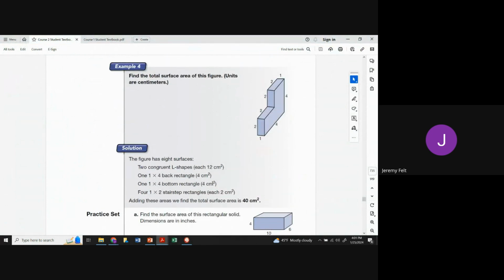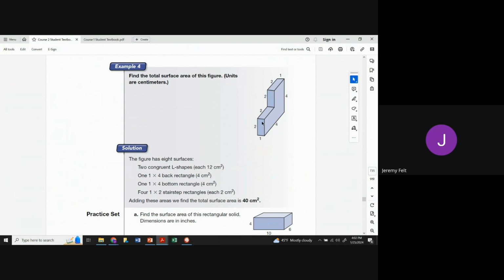Find the total surface area of this figure. It's in centimeters. Okay, so this one, if you're really good at drawing the different shapes, it looks like 1, 2, 3, 4, 5. So it's a pentagon, even though it's not shaped like a regular pentagon. We have 5 sides, and it kind of gives this L shape right here for you to look at it 2-dimensionally.